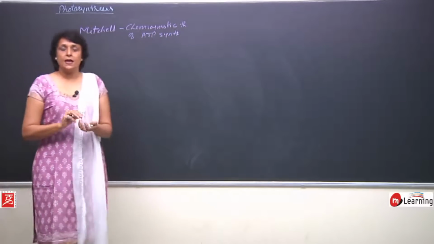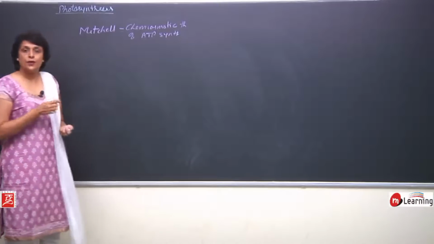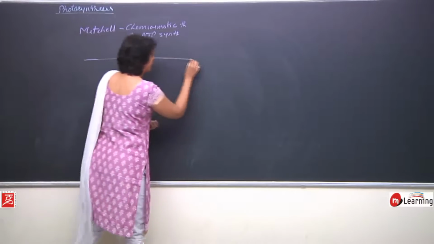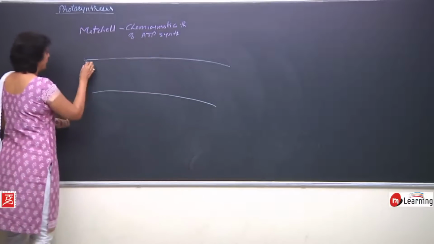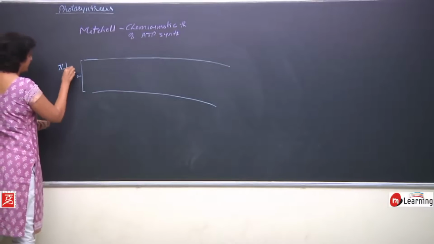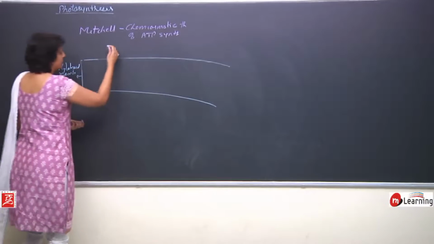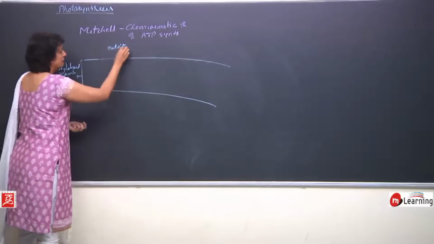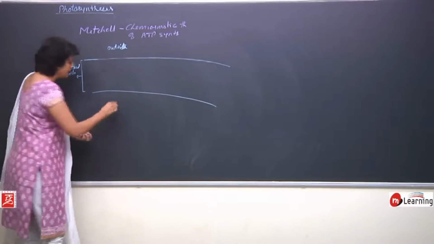We are representing the complete thylakoid membrane in this diagram, so that we are able to understand each and everything about how this ATP synthesis is taking place. This is the thylakoid membrane. The upper side is outside, that means here there is stroma, and the side which is inside is the lumen.